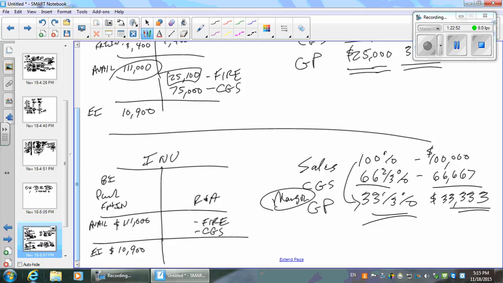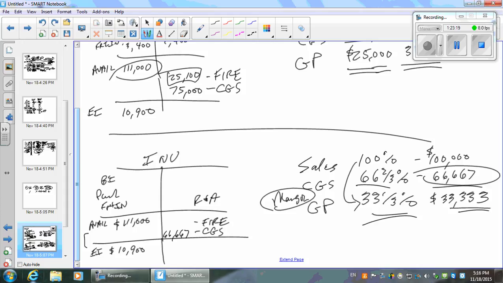Okay? So what do I do? Cost of goods sold is 66,667. What's the fire loss? It's the $100,100 less 66,667, isn't it? How much is that? Because the inventory went down by $100,100.